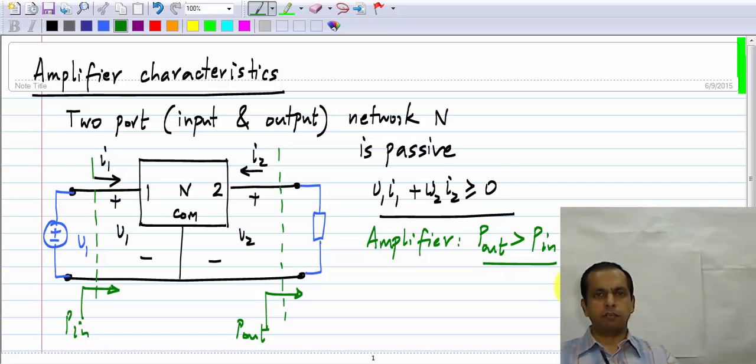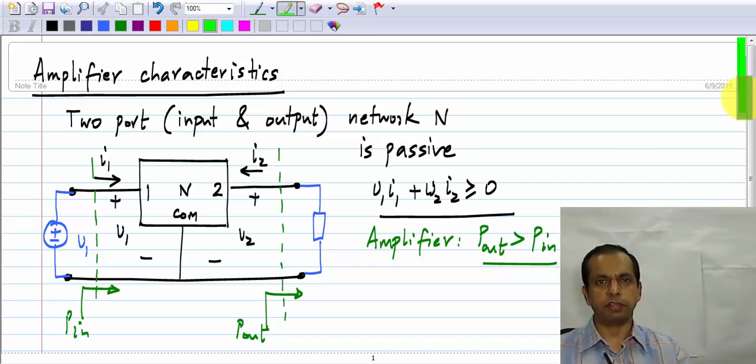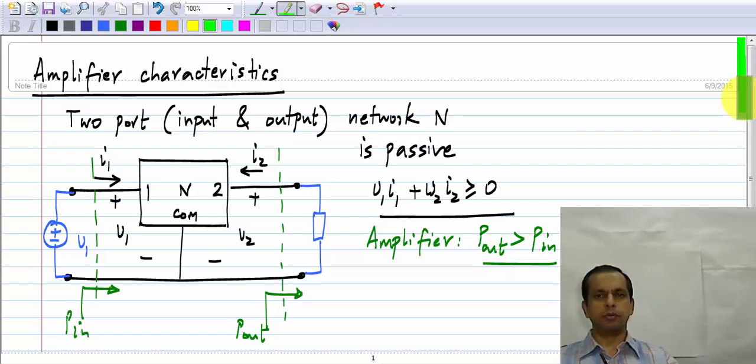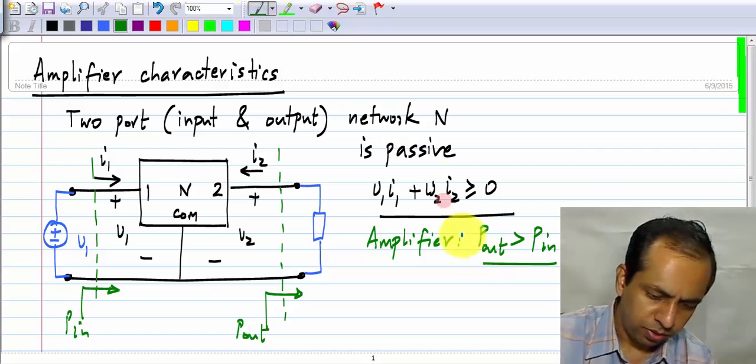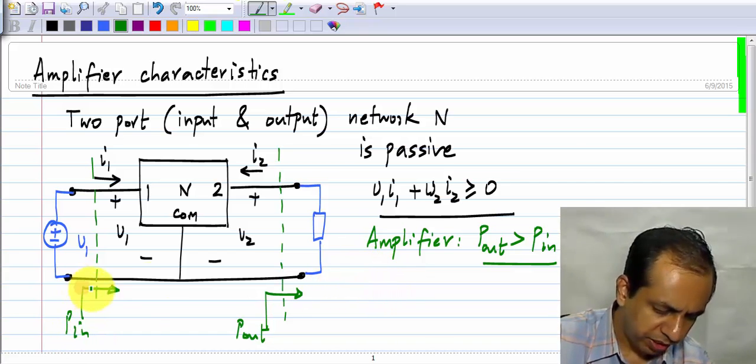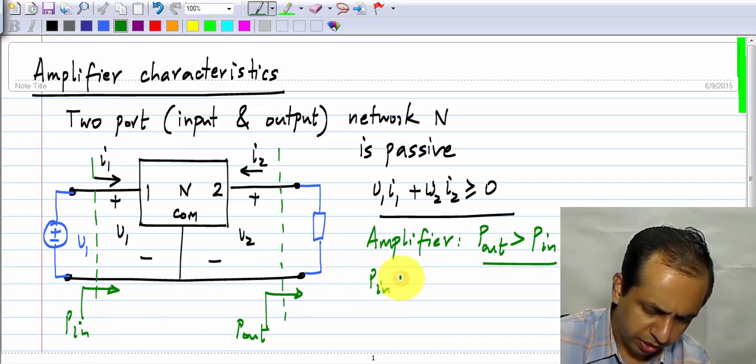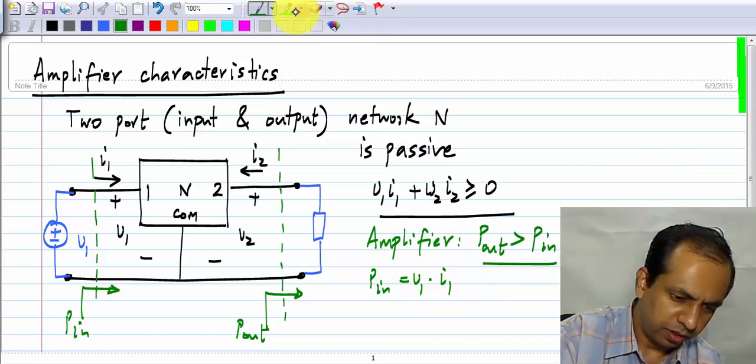Now, let us see if our circuit can amplify power, because just now I said that all our networks are passive. Okay. So, that means that V1 I1 plus V2 I2 will be more than 0. Okay. So, now what is the input power P in? P in is V1 times I1. Okay.